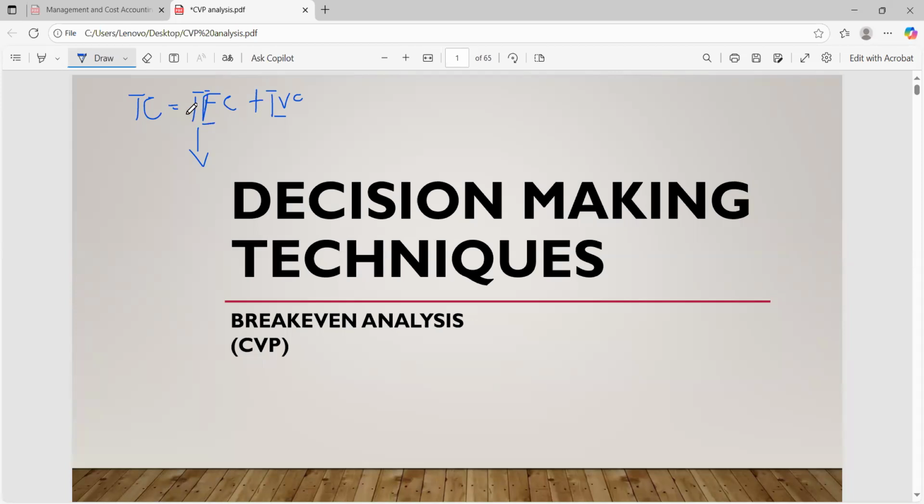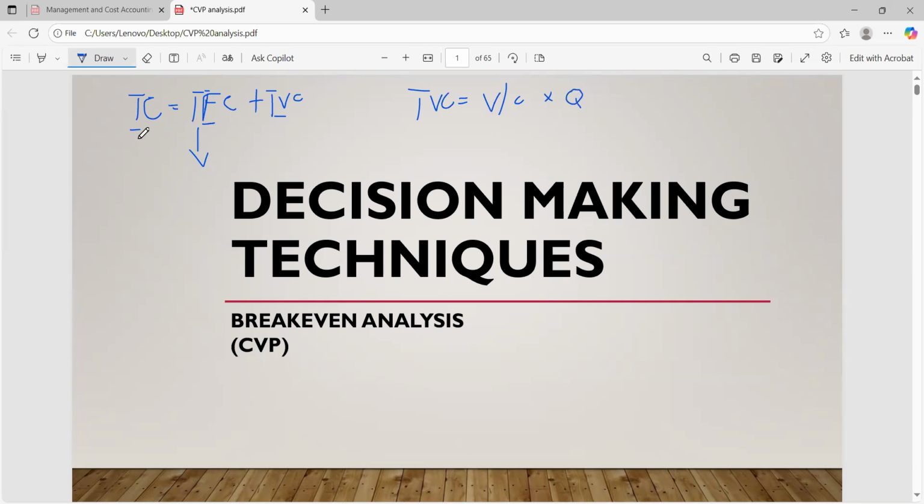Now, how to identify the variables to determine total cost is to look for fixed costs and to find your variable cost. Your total variable cost basically is going to be the variable cost per unit multiplied by the quantity that you're going to sell. Okay.